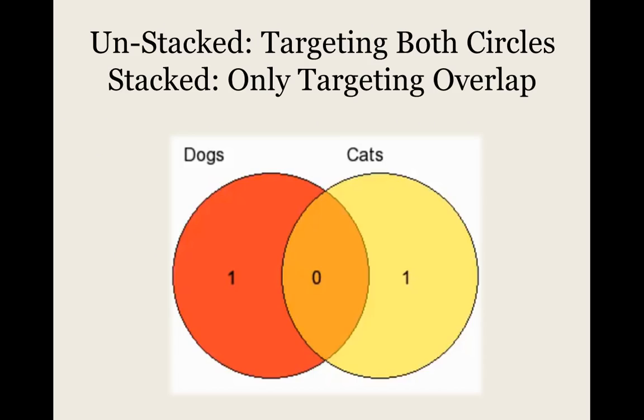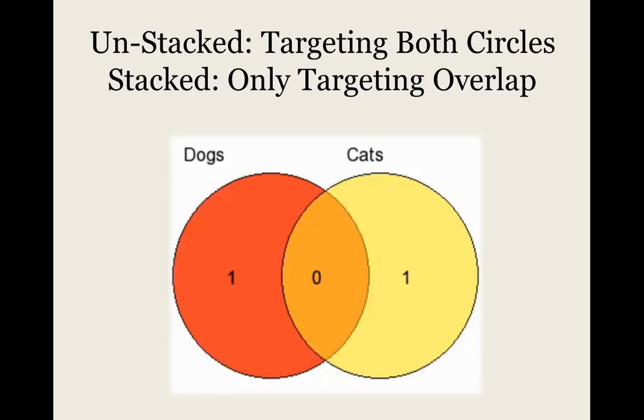As we can see here on the chart, there would be targeting both circles, stack, only targeting overlap. On the left side, there is one group of people who love dogs. There is also one group who love cats, but there are no people who love dogs and cats. That is the catch.